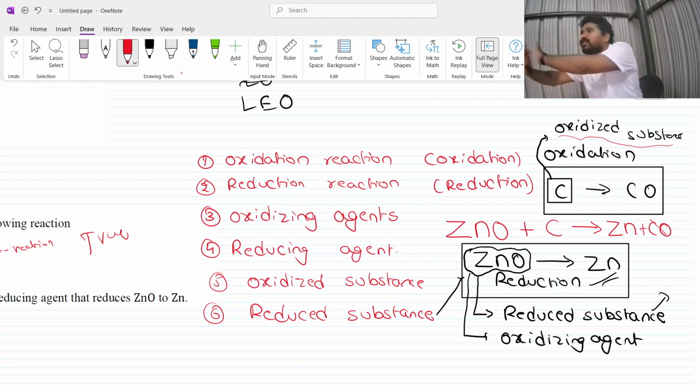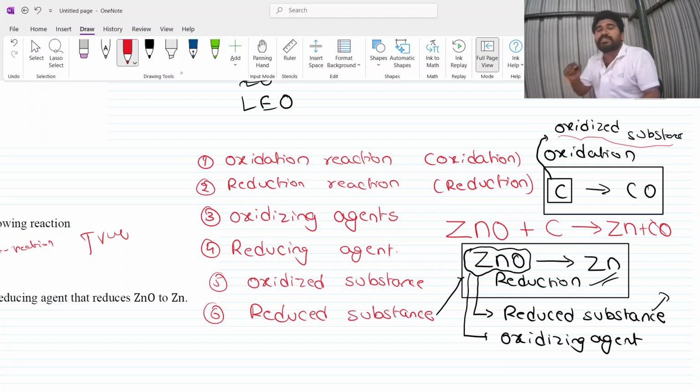In English it looks like that, but oxidized substance means who underwent oxidation. Who underwent oxidation? That is a normal doubt.